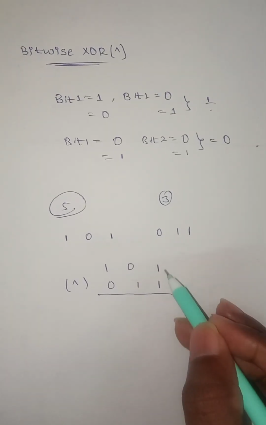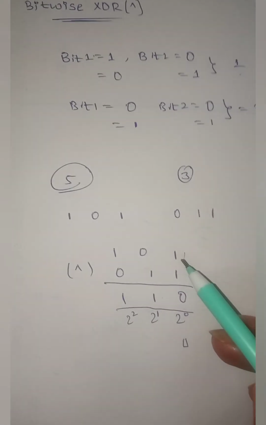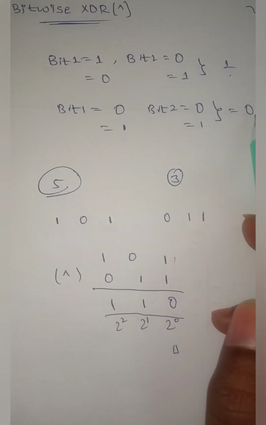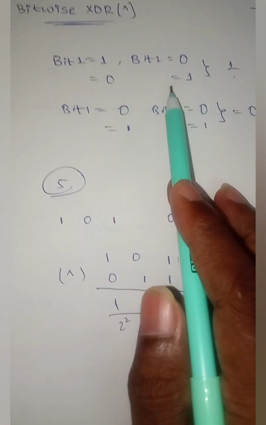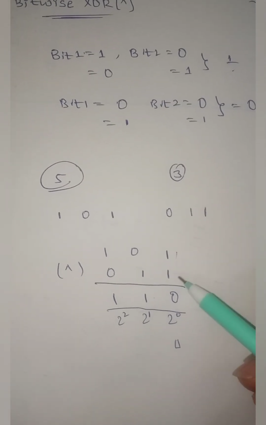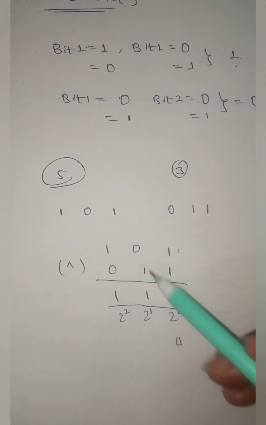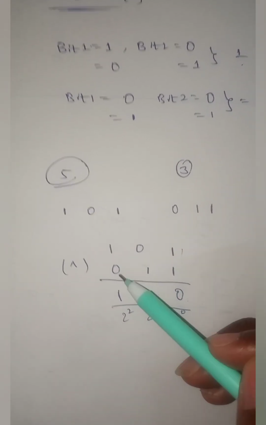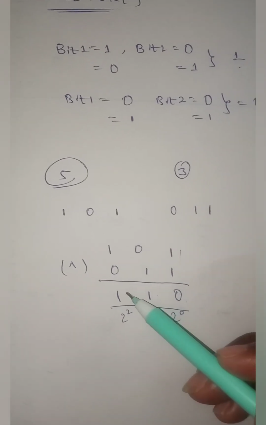So as I said, if both the bits are the same, the output would be 0, and if both the bits are different, the output would be 1. So here both the bits are 1, that is the same, so the output is 0, and here both the bits are different, so the output is 1, and here also both the bits are different, so the output is 1.